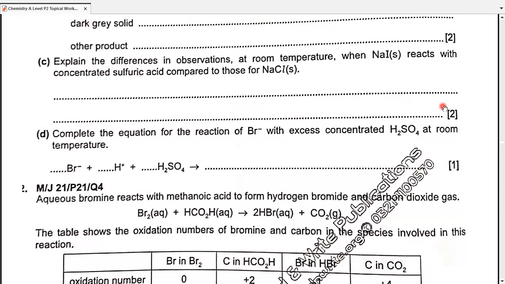Because there are 2 marks, you have to come up with 2 points at least. So it is a weaker oxidizing agent than chlorine. Which one is a weaker oxidizing agent? The iodide. Sorry, you just said iodide is a stronger reducing agent. Why are you calling them oxidizing agents at the same time? Stronger reducing agent means a weaker oxidizing agent, right?